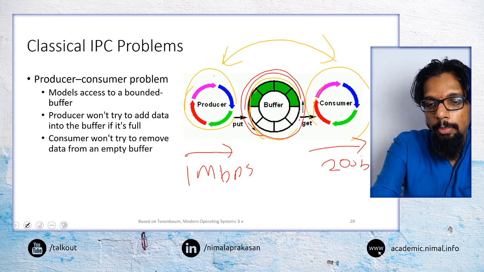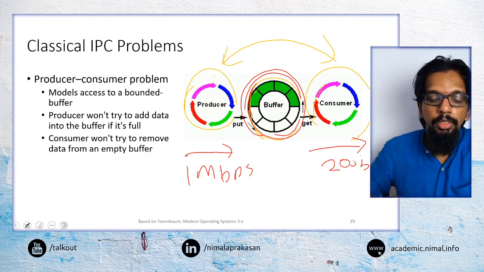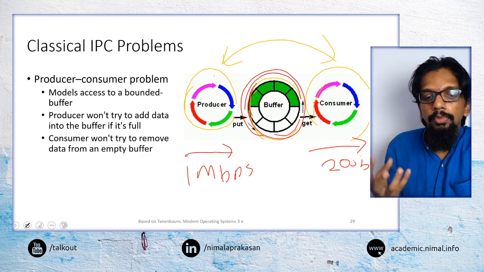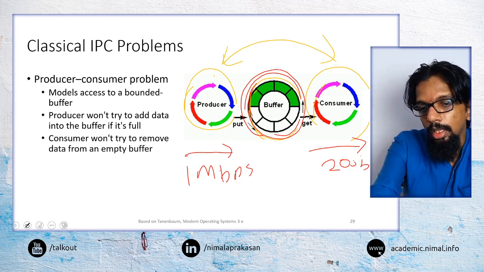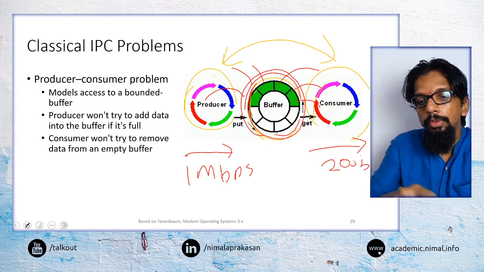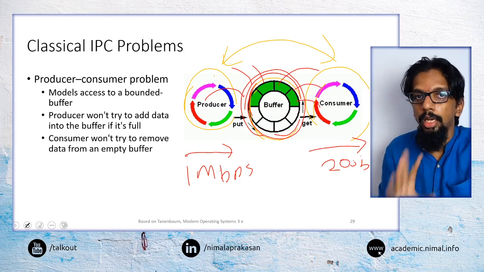So then we may have a buffer here to store this information, but even that buffer may sometimes go full. As long as the producer is putting information here and the consumer can take that out before the buffer becomes full, that is okay.